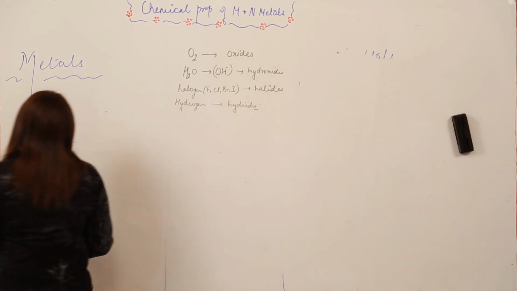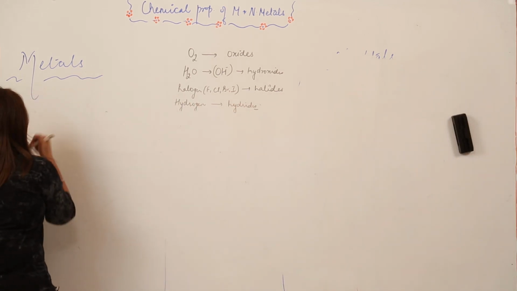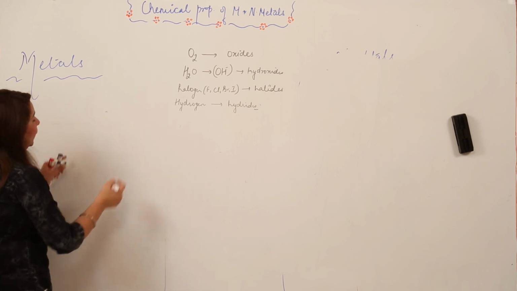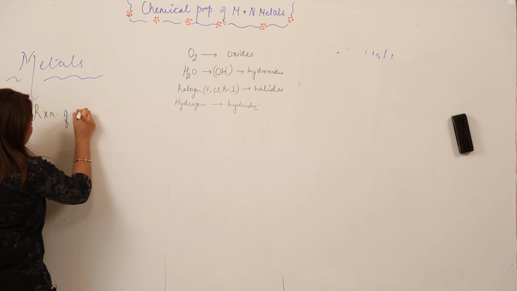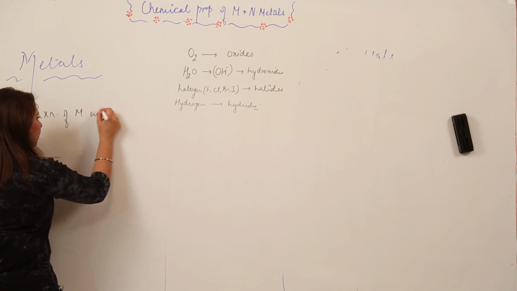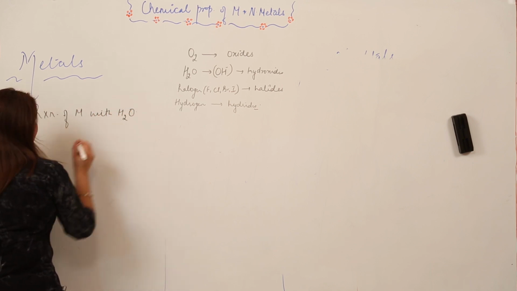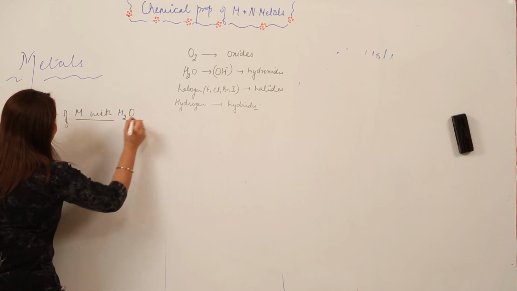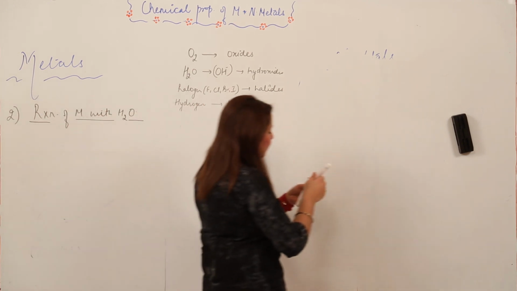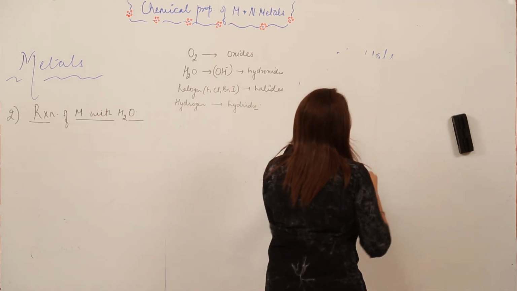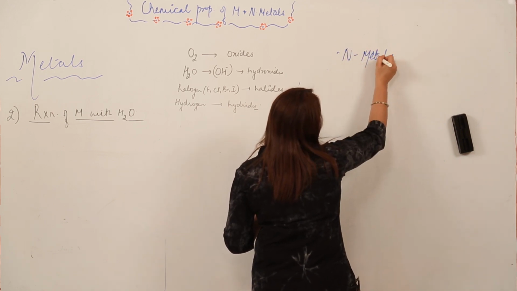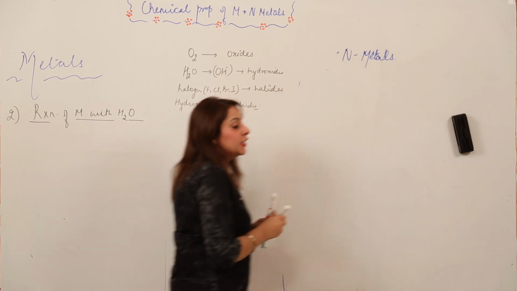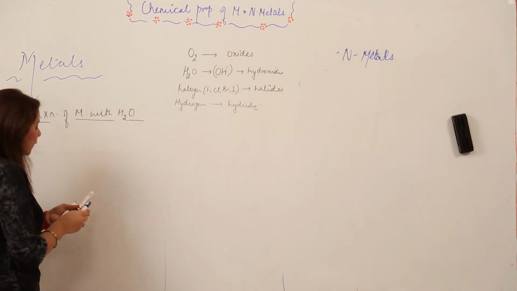So I am explaining the second reaction now. The second reaction we are considering is the reaction of metal with water, right? Again, the same reaction we did for the non-metals with oxygen, now with water.